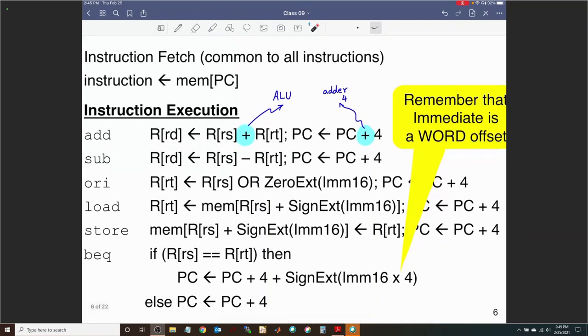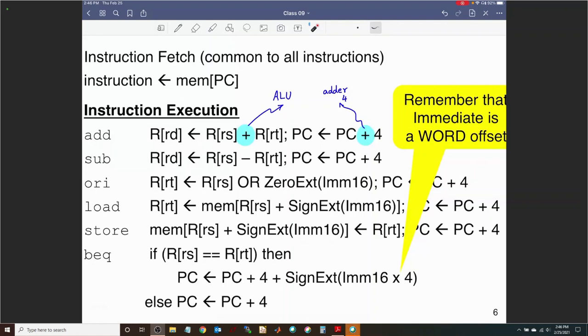But in both those cases, PC plus 1 or PC plus 4, you are essentially talking about the same thing, pointing to the next instruction. So PC plus 1 is not realistic. It may be realistic for a certain memory architecture, but for MIPS, where we are considering instructions to be 32 bits long, we would need PC plus 4.